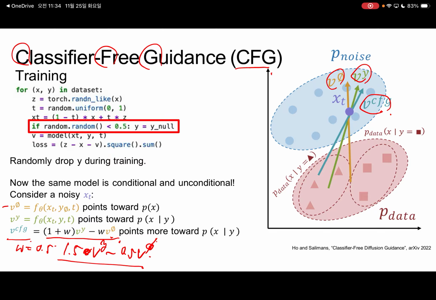By calculating two kinds of vectors from unconditional generation and conditional generation, we make a weight balance between Vy and V null, where W is positive. Then it points towards P(x|y), more towards P(x|y) than this one. That is one way to give a conditional signal to a diffusion model.